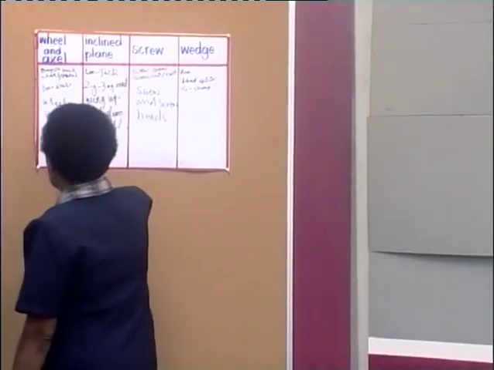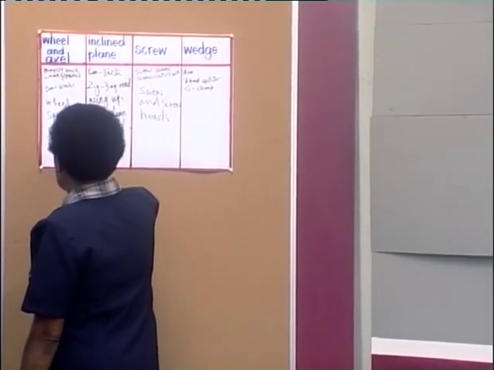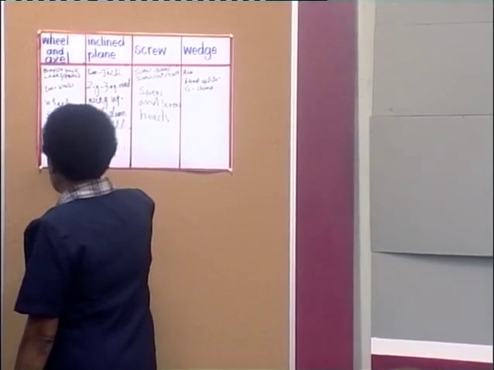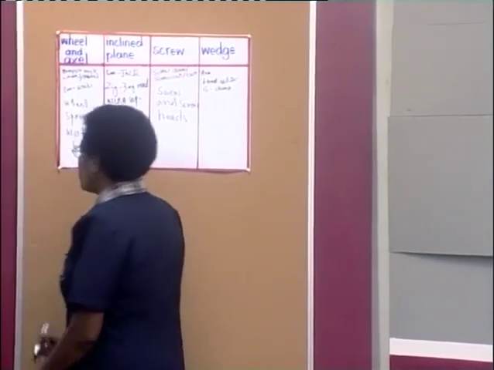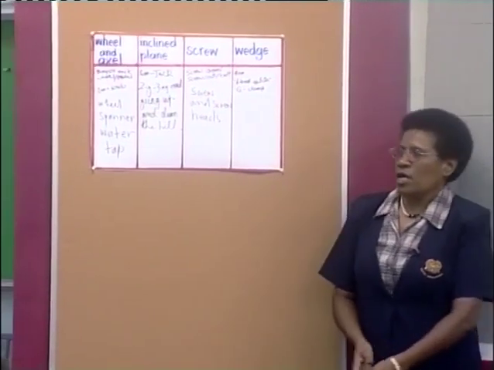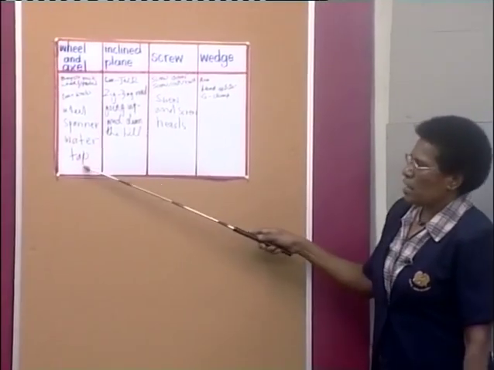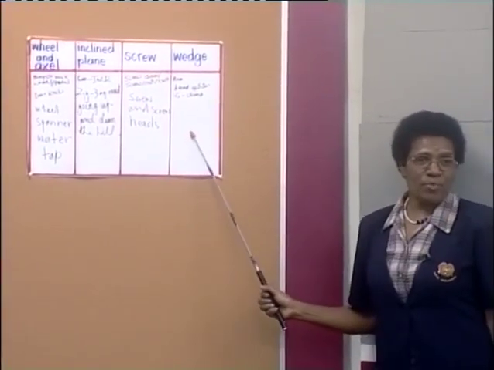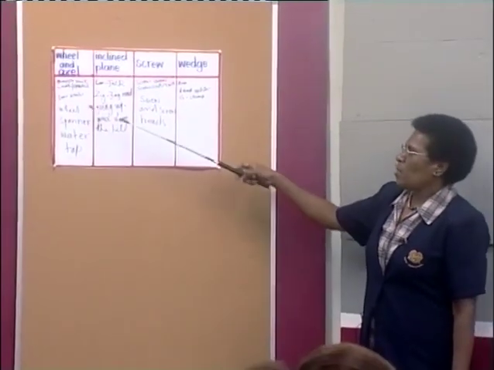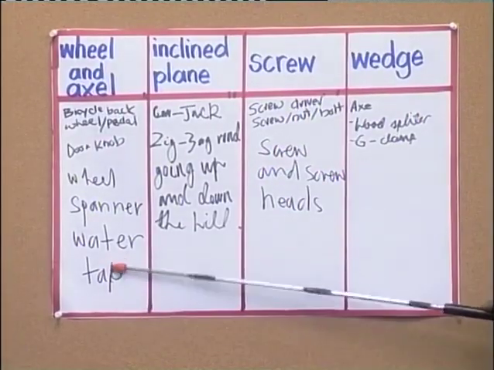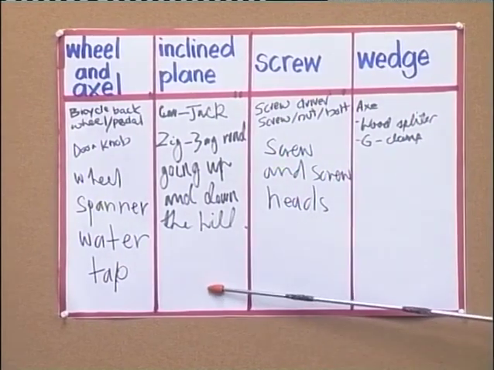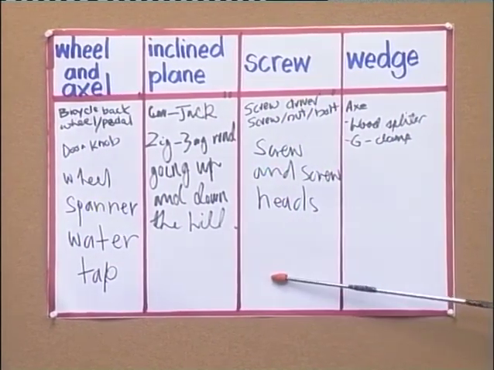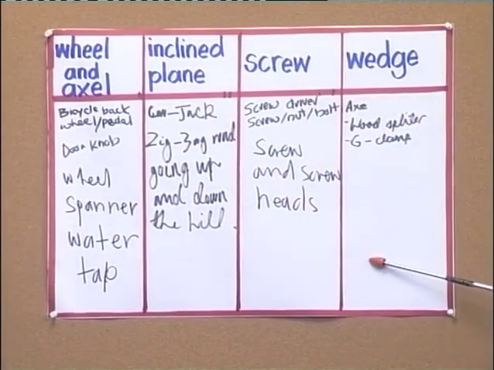Wheel and axle. Thank you. Okay, thank you. So that is where each of those simple machines go. We have under wheel and axle all those simple machines, inclined planes, screws, and wedge.